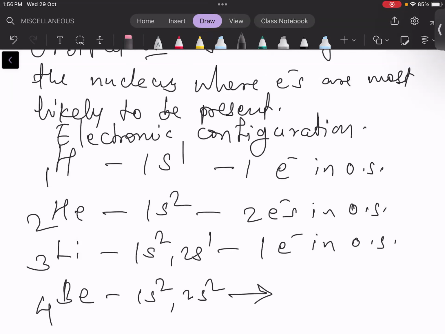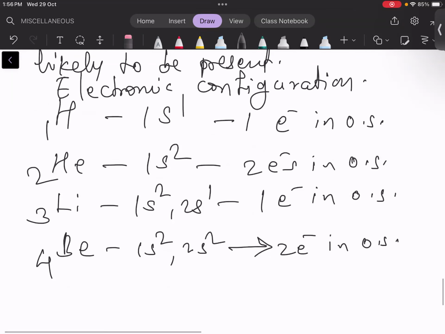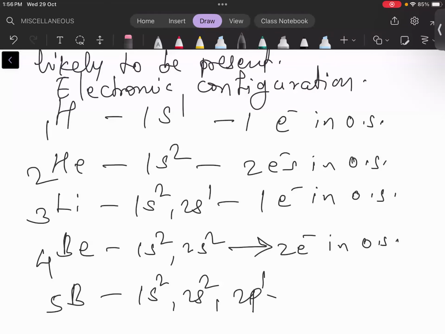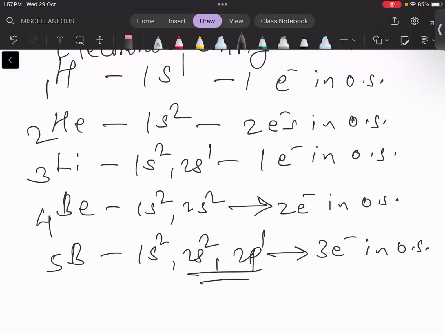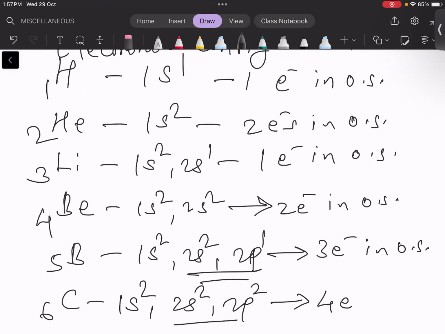So it consists of 2 electrons in outermost shell. Then boron 5. So 1s2, 2s2, 2p1. So there are 3 electrons in outermost shell. Then carbon atomic number is 6. Electronic configuration 1s2, 2s2, 2p2. So carbon consists of 4 electrons in outermost shell.